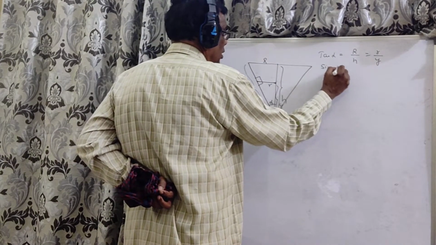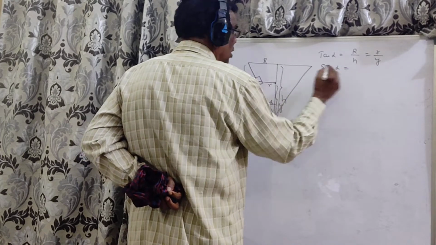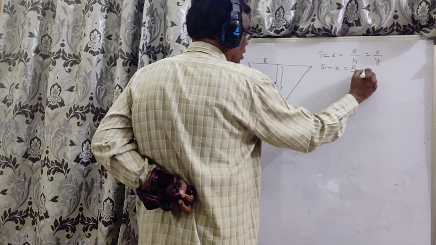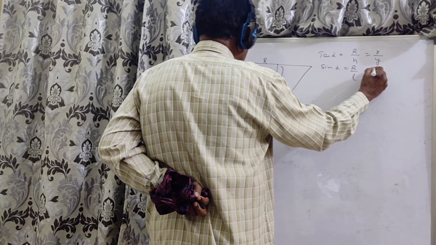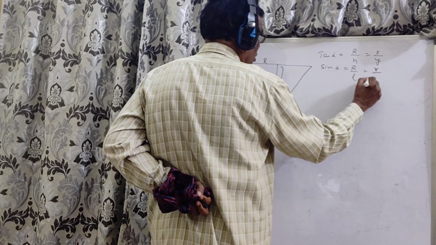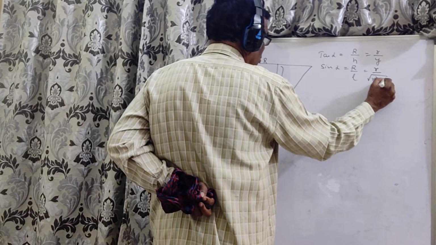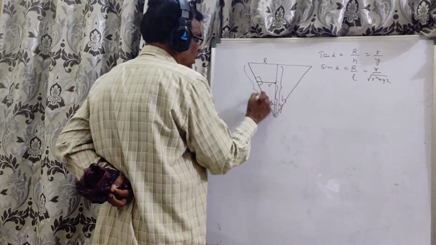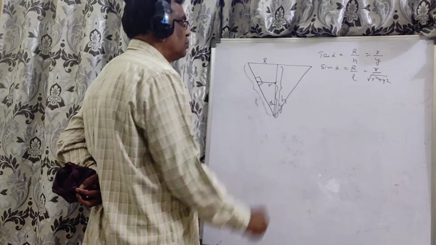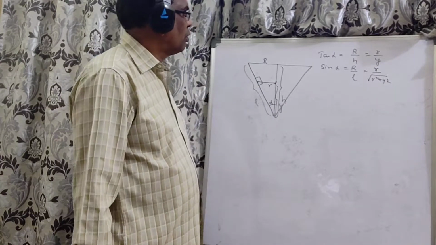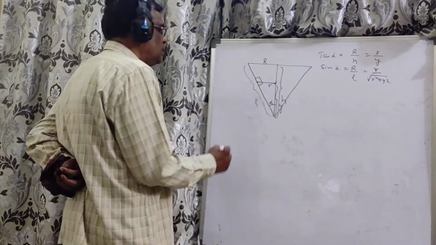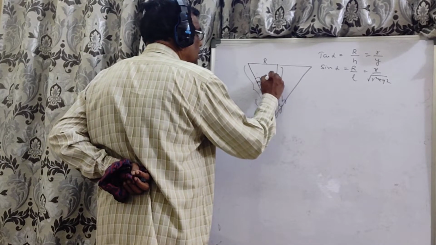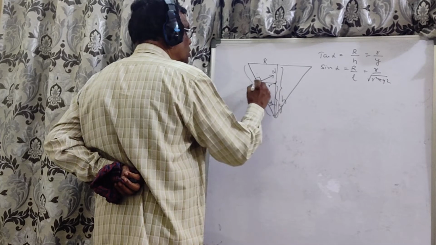Similarly, sin alpha is R by L or small r by root of r square plus y square. Okay? Whichever way you want, you can do it. General things. But this is your normal force.